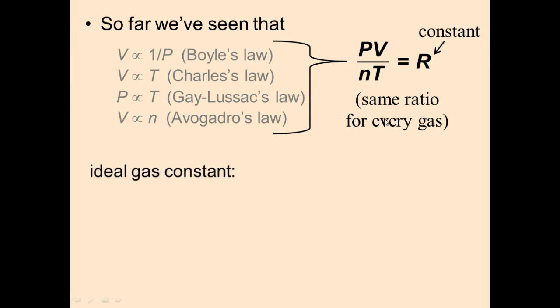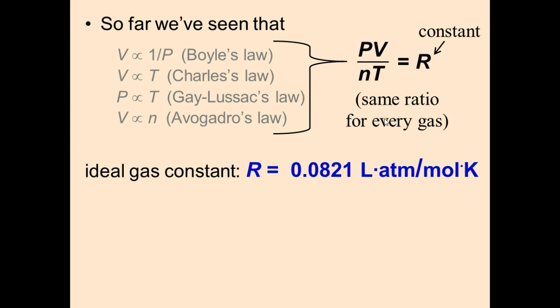The ideal gas constant, R, is 0.0821 liters times atm per mole and Kelvin. So it's pretty much pressure and volume over number of moles and temperature, just like this.